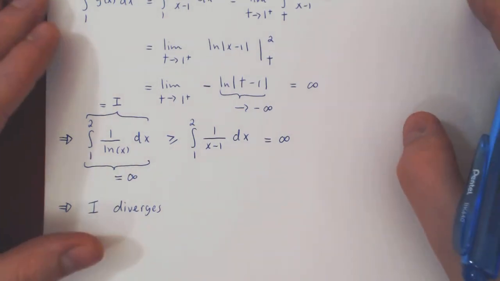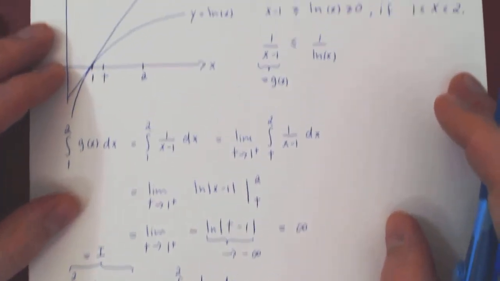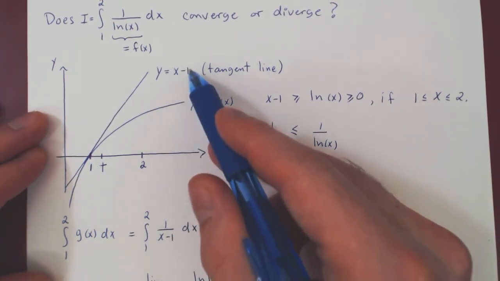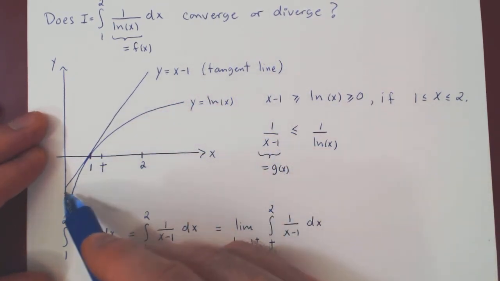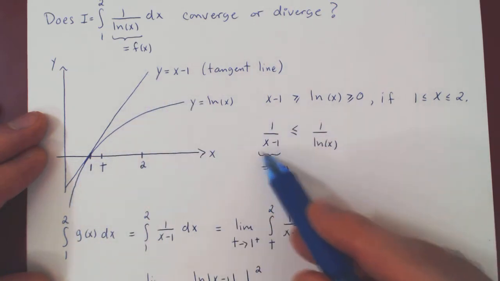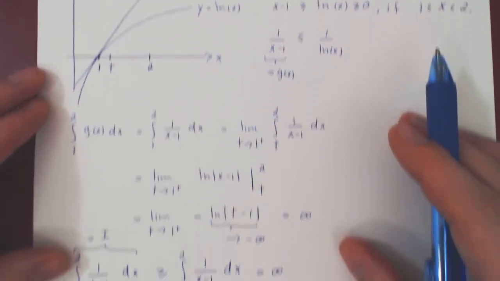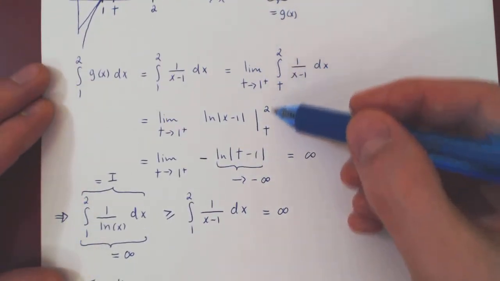But you have to appreciate here the beauty and the subtlety of the solution. Once we think of comparing the function with its tangent line, then we have the very nice and simple inequality, and then the problem becomes actually very straightforward.